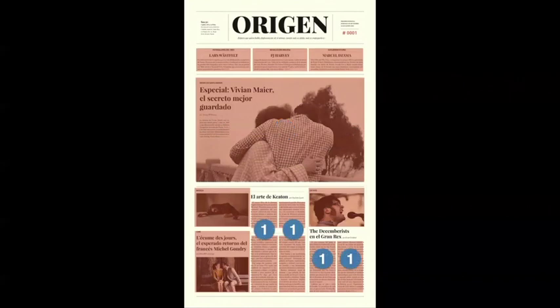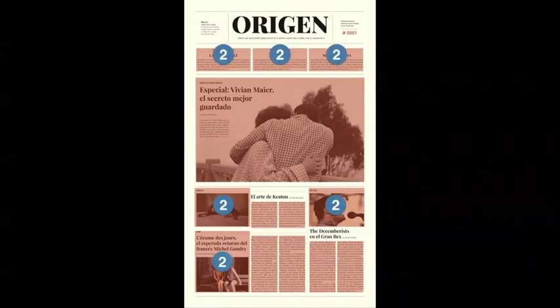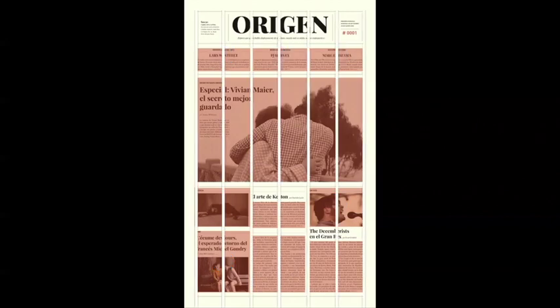And then very simply, they're filling up most of the space. Each of the legs of type is 1 grid unit. Up at the top, those little highlighted elements are 2 grid units each. The photographs are 2 grid units. So this is a really simple grid. And they, again, have filled up all the space.